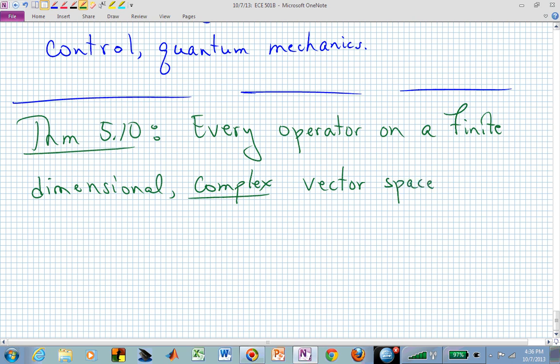I'm not saying this for real vector spaces. This is now for complex vector spaces. So a finite dimensional complex vector space, FDCVS, of a non-zero dimension, then that operator has an eigenvalue.